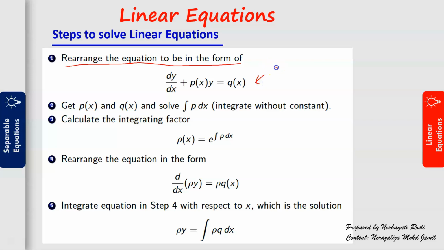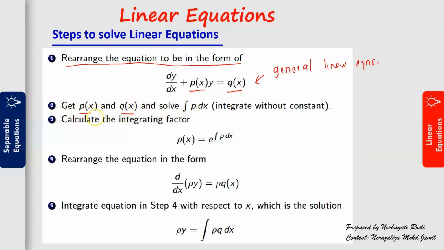That means you need to write your ODE in terms of the general linear equation. And then based on this, you can identify P and Q, which gives step number 2, get P(x) and Q(x).